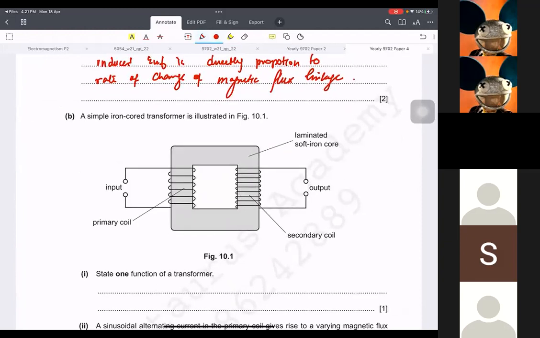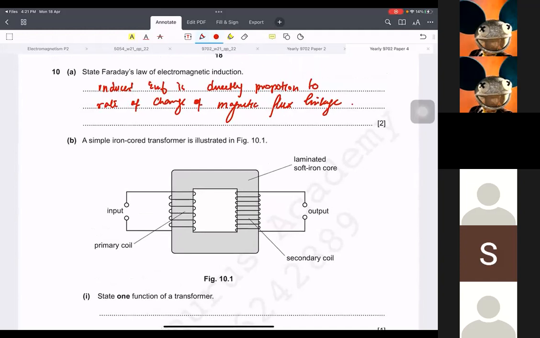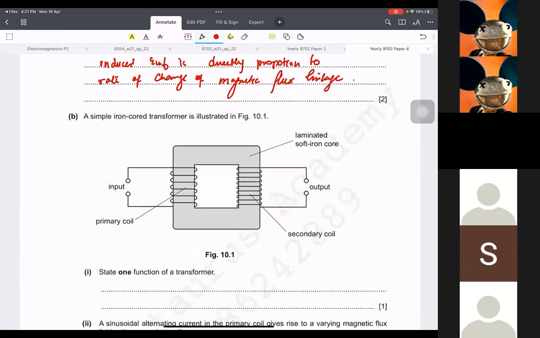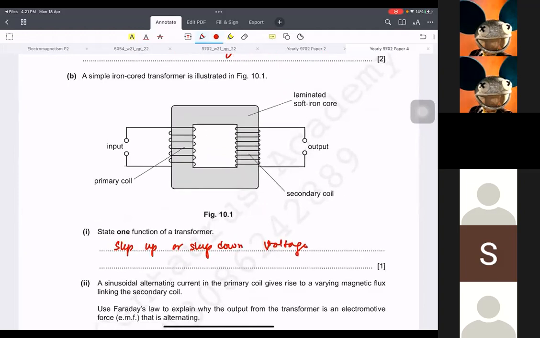Sir, what if we do not write linkage? Linkage, no worries. It's fine. Okay, state one function of transformer. The function of transformer is to step up or step down voltage. You can also write change.